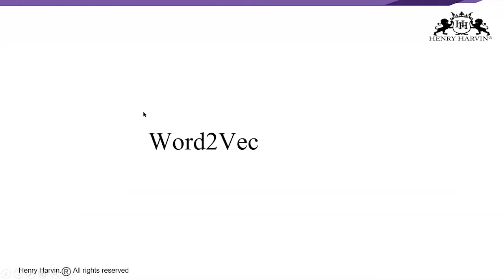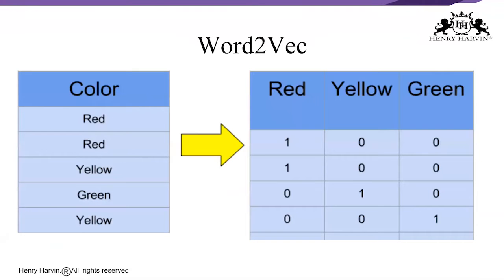Hello everyone. In this video, we are going to discuss the most important concept, Word2Vec. So now look at this. What do you understand from this? You can see that here there is red, and here I have red, yellow and green. The corresponding red column is 1 and the remaining two are zeros.